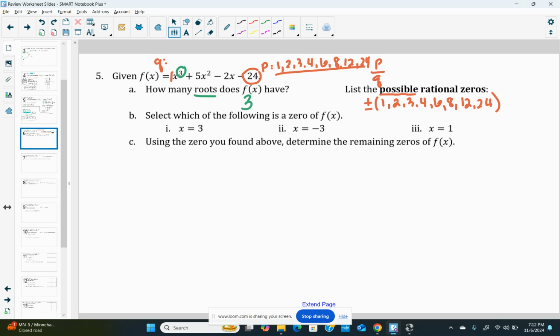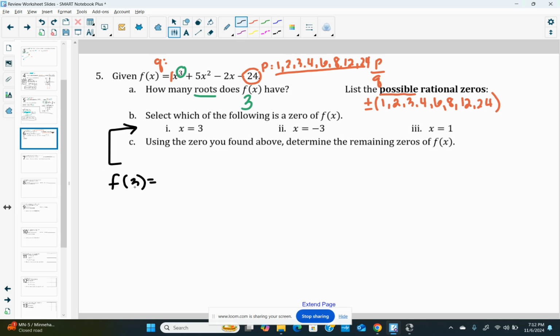And then select which of the following is a 0. So now you're just deciding which of these is actually a 0. And if it's a 0, that means it has a remainder of 0. We can tell this by plugging them in. When you plug the zeros into the function, if they equal 0, that's the remainder, and that's what we're looking for.